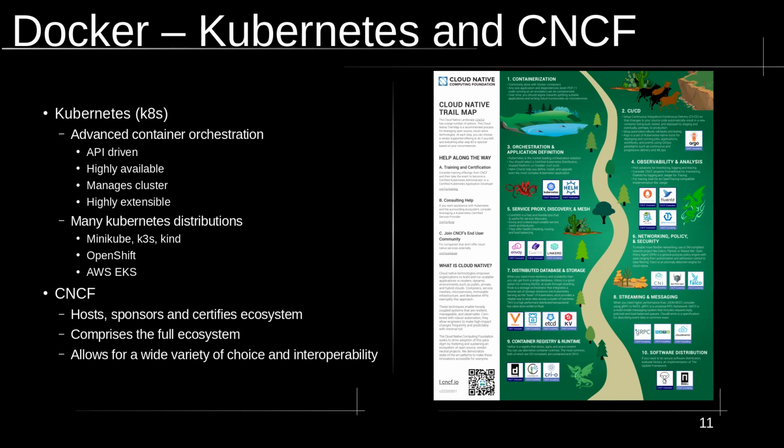The trail map gives you a look at all the bits and pieces that are certified by the Cloud Native Computing Foundation. Almost all of these things on this chart actually have dozens of other alternative products as well that could be used or dropped in place of them. But the point is, this is what's making up Cloud Native development today.